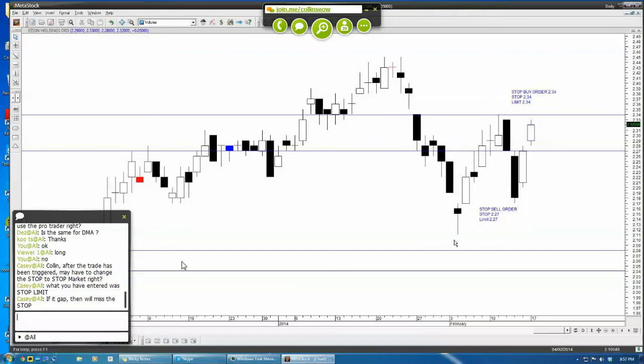We don't have stop market order, only stop limit order. In forex or futures, it's different, there is stop market order. In equity, only stop limit order.